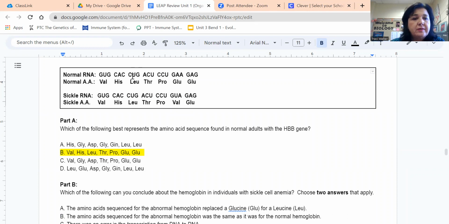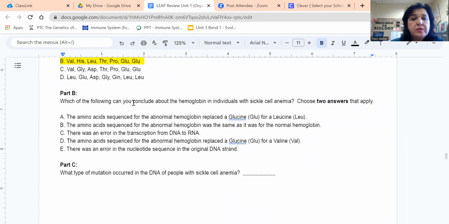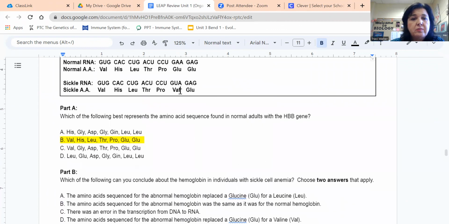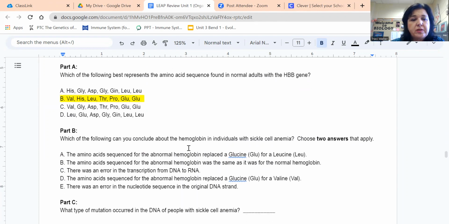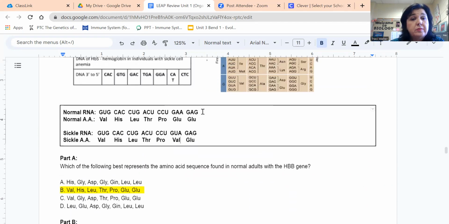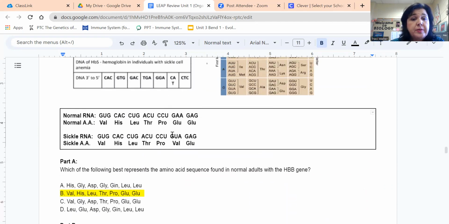So leucine in the normal, leucine in the abnormal, so it's not A. Let's look at B. The amino acid sequence for the abnormal hemoglobin was the same as it was for the normal. Well, we know that's not true because we saw right here there was a difference in the amino acids. There was an error in transcription from DNA to RNA. Well, it looks like there was an error. There was definitely an error, and it happened right here.